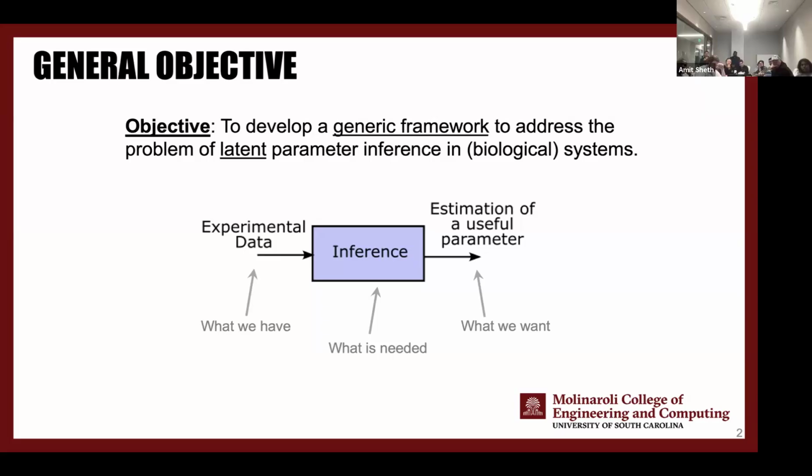Latent is also underscored there. It's not too complicated if you can measure something directly on the system. The problem is when you cannot measure something directly. In the brain specifically, there are many reasons why you cannot measure everything. They can be ethical, because you cannot just probe the brain of someone and injure the person.